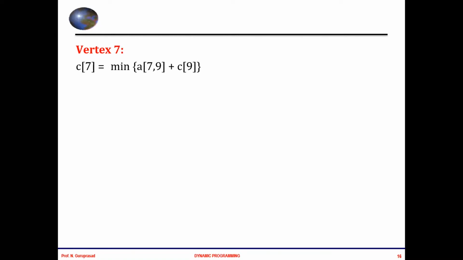It will be A of 7, 9, that is the edge from vertex 7 to vertex 9. Correct. Now what is the cost of the edge from vertex 7 to 9? Yeah, correct. It is 7. So it will be minimum of 7 plus 0. There is only one number here. So cost of 7 will be 7. Correct?